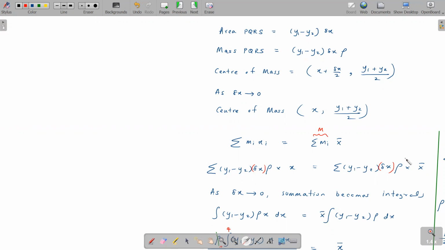Remember, x bar is a constant value. So x is a variable, but x bar is not a variable. Be very cautious about that. x is a variable because x is something that changes, but x bar is a constant value, the center of mass. So x bar is not coming inside the integration sign. You have here (y1 minus y2), the delta x becomes dx, and the rho.